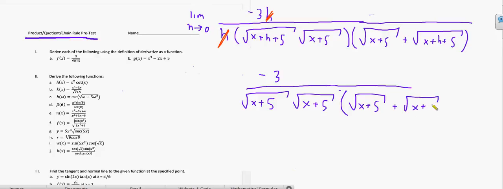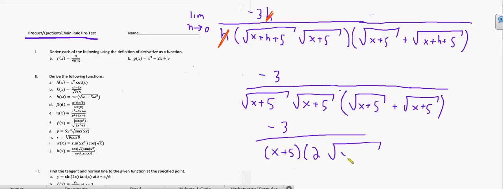And this is going to simplify down pretty nicely, because root x plus 5 plus root x plus 5 is really 2 root x plus 5. And root x plus 5 times root x plus 5 out here is just x plus 5. So it's really just negative 3 over x plus 5 times 2 root x plus 5.